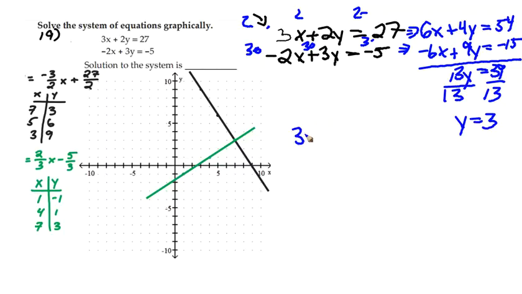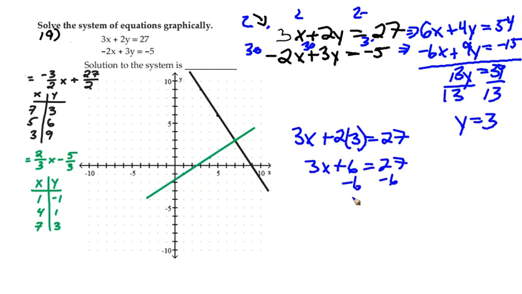So I've got 3x plus 2 times 3 equals 27. 3x plus 6 equals 27, minus the 6, minus the 6. 3x equals 21. Divide by 3, x equals 7.